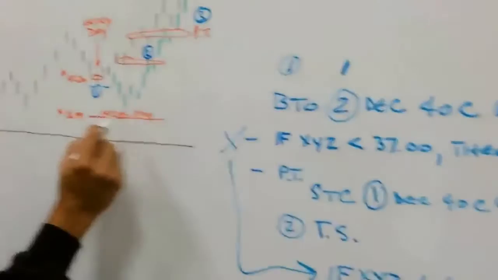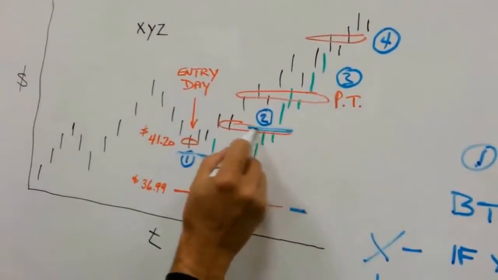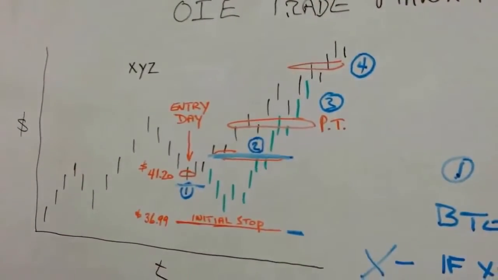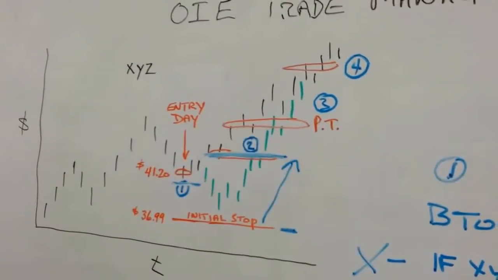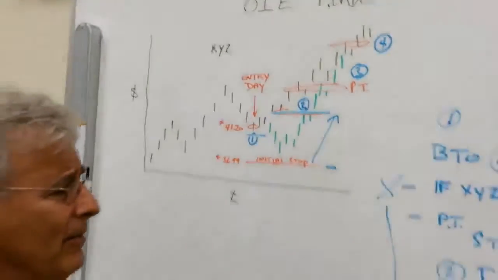Now notice what I've done. I've moved the initial stop from here all the way up to here rather quickly, locking in, first reducing and eliminating risk and then locking in profit. And I haven't even hit the profit targets yet.